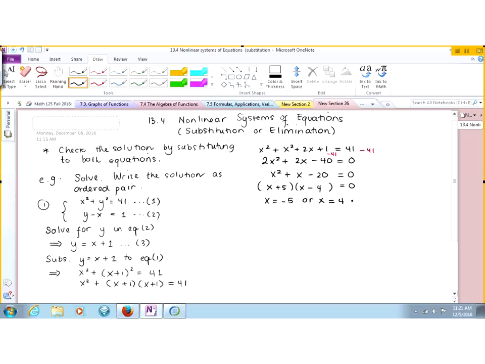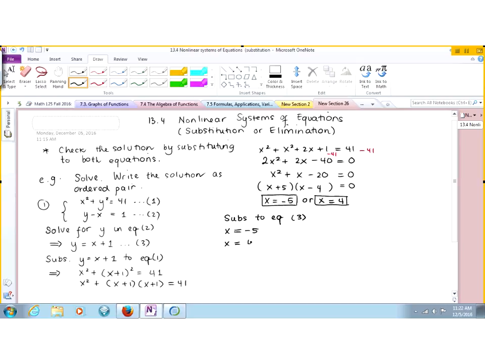All right. Are we done? You have to write down the ordered pair, right? This is only x, so you have to find the y, don't you? Substitute into equation 3, since 3 is the easiest one.